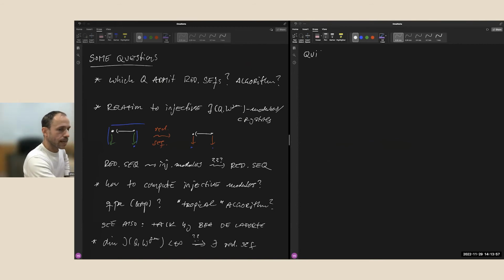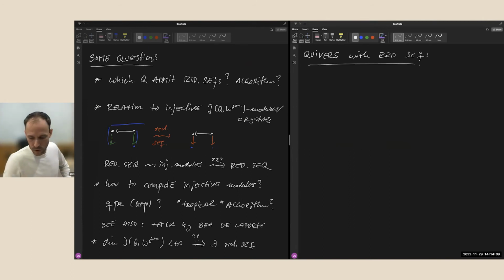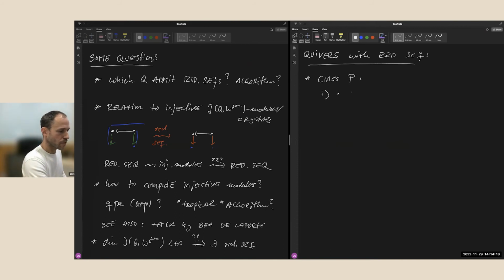So I state or recall some quivers which have reddening sequences. So one is the class P, which contains the trivial quiver and is closed under mutation. And finally is closed under extensions.